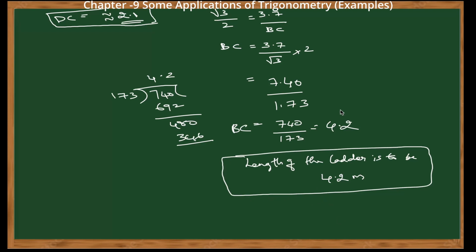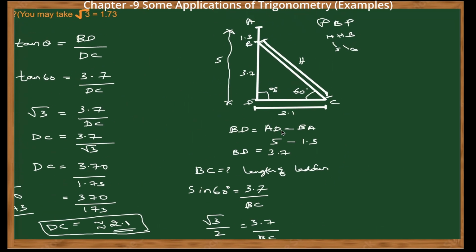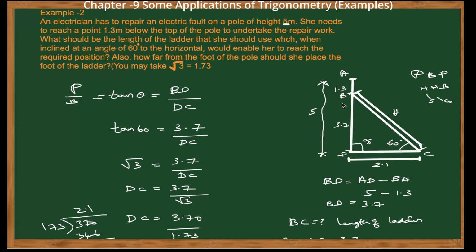So we have found the value by putting the question here. It was saying there is an electric pole, and from 1.3 meter down we need to go where the actual work will happen. From the horizontal, the angle of elevation is formed at the top.